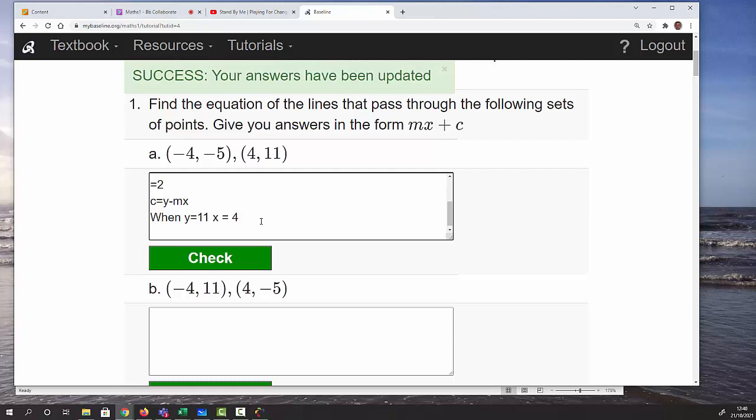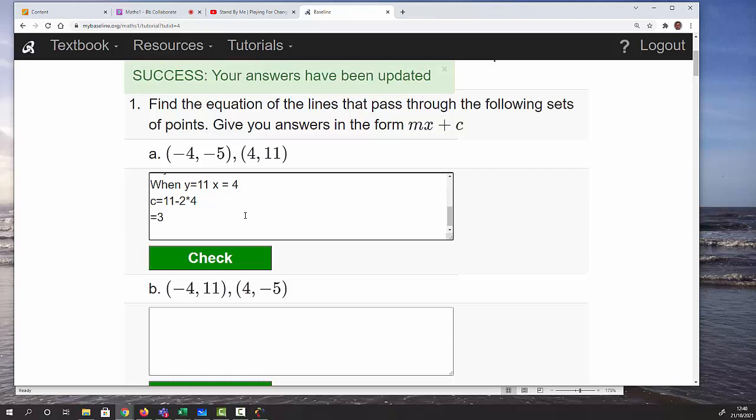So now c is equal to 11 minus 2, and remember times is a star, don't use an x, because it'll assume that's the variable x, not a times, and it's 4, so therefore c is equal to 3.